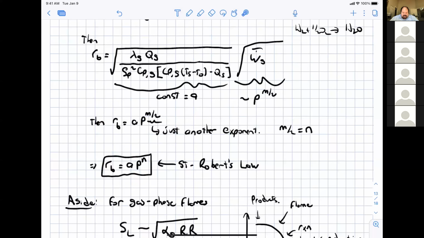And in general, we made a whole bunch of assumptions so that we could solve for it algebraically. But in reality, what you have to do is guess RB, and then compute the flame structure of the gas phase side, and then perform a matching energy balance.